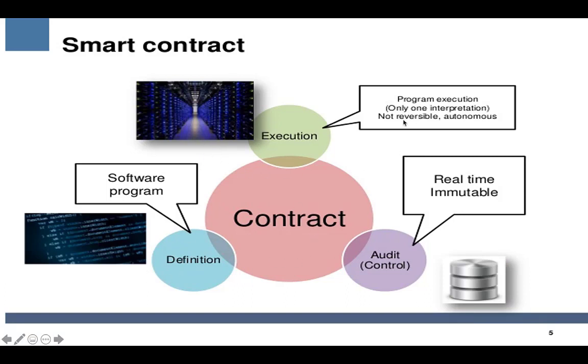So execution is done through program execution, and program execution is done on every node that wants to validate the transactions on the Ethereum virtual machine. The contract itself is a software program, or called smart contracts, and then the ledger basically allows you to do the audit. So that's the idea of smart contract that basically made Ethereum the forerunner of the idea of blockchain 2.0.